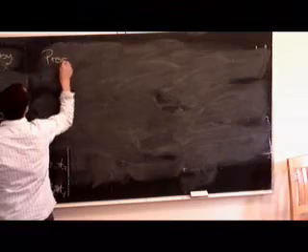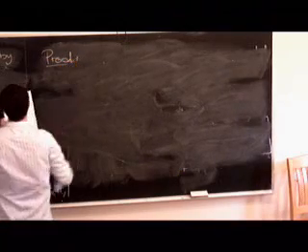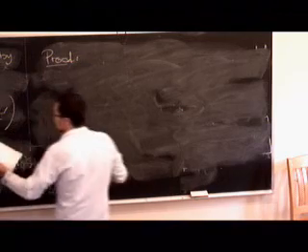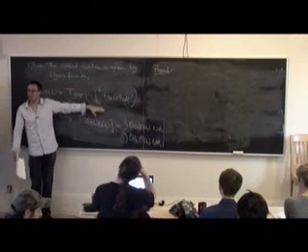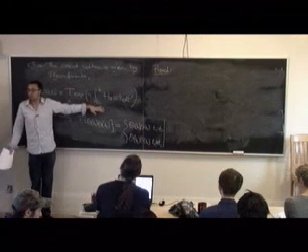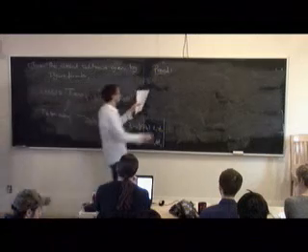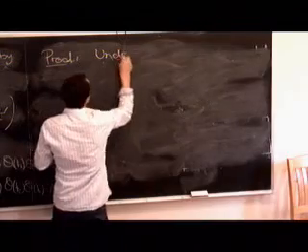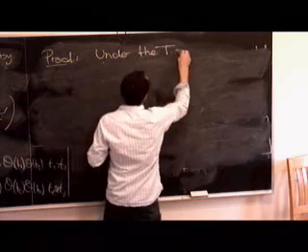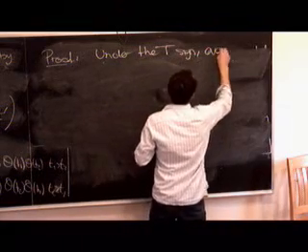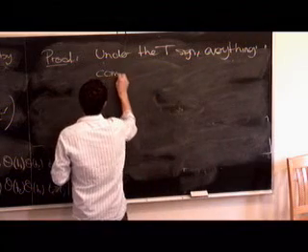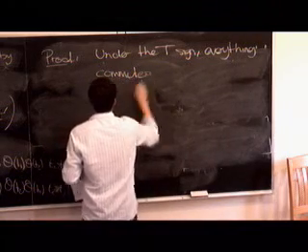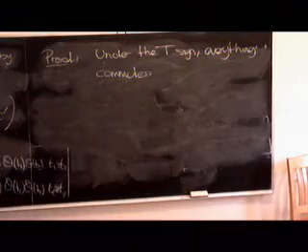Okay. So let me just prove that this is the case. The key thing is that this T symbol here means that inside everything commutes. Okay? So inside, or under the T sign, everything commutes. So why does everything commute?